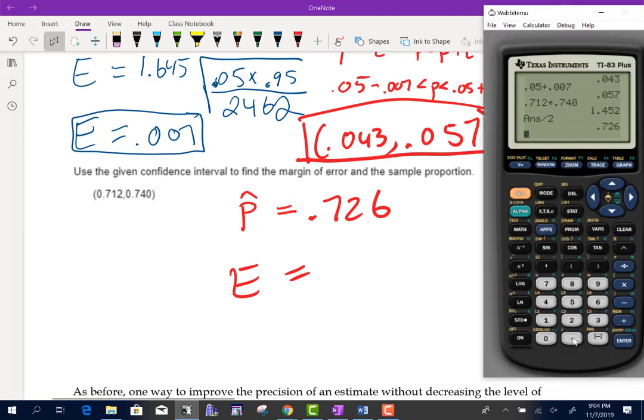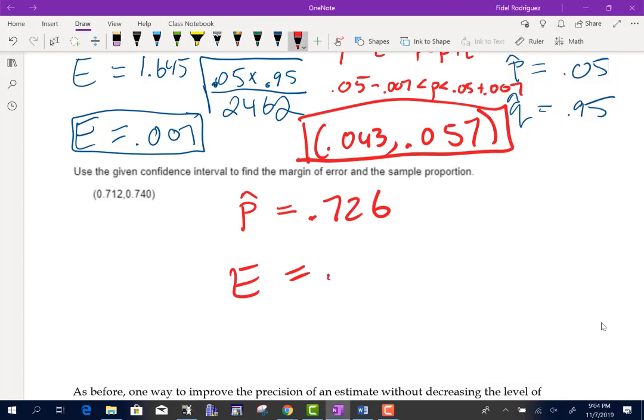So I already got that one there, so can I just go minus 0.712? Oops. And doesn't that give me 0.014? You could do it that way too, and you should still get 0.014, right? If you take 0.740 minus 0.726, do you get 0.014?